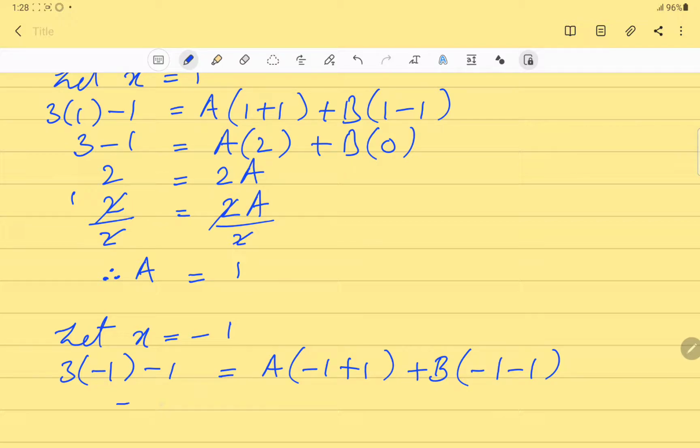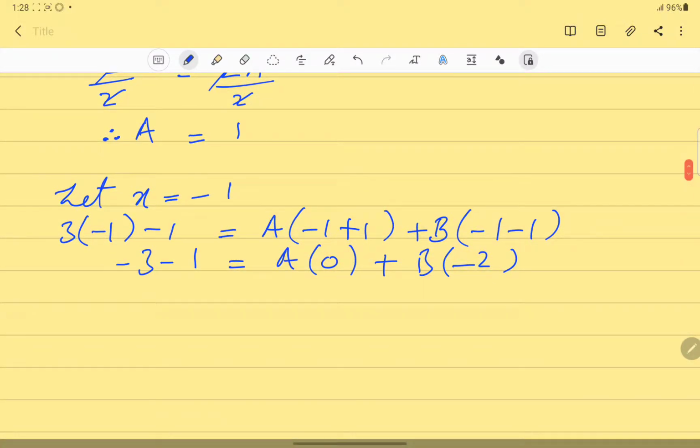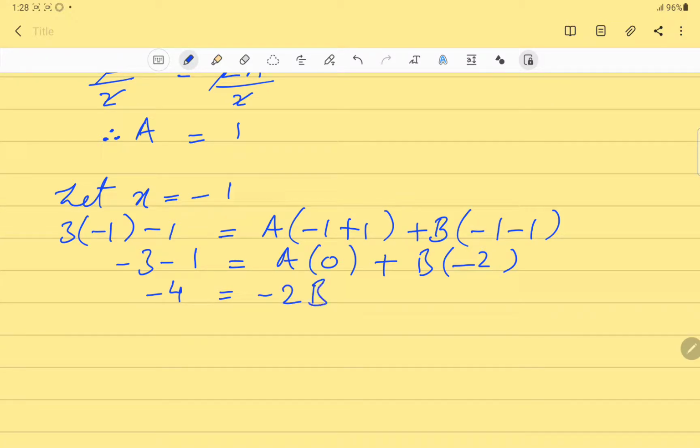Minus 3 minus 1 is equal to a into 0 plus b into minus 2. Minus 4 is equal to minus 2b. Now we divide both sides by minus 2. Minus 4 divided by minus 2 is 2, and minus 2 cancels with minus 2, so b is equal to 2.